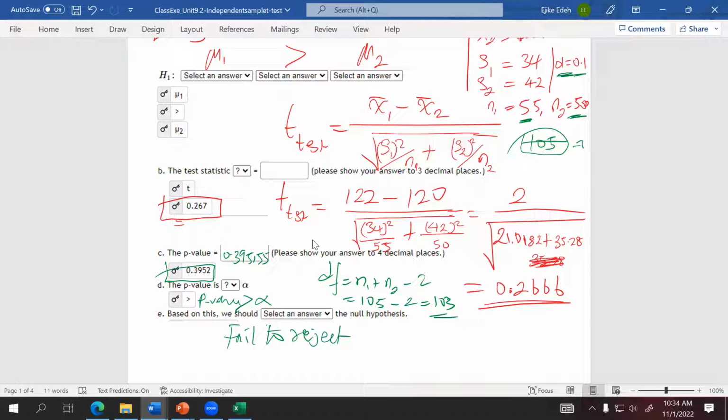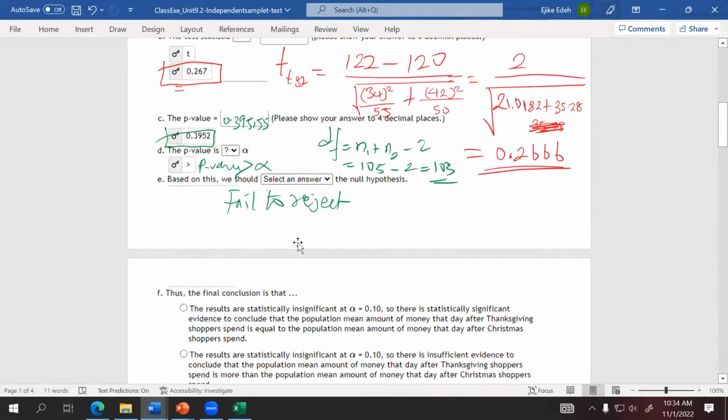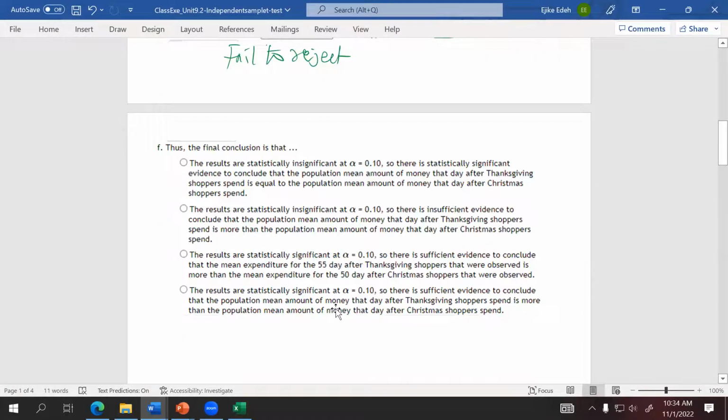If it is less, you reject, right? And then you could answer the next question. You want to read through that carefully. But maybe for explanation, let's say generally, if p-value is less than alpha, then we say the result is significant.